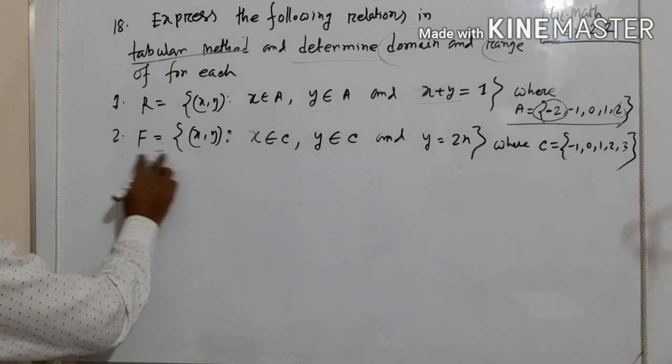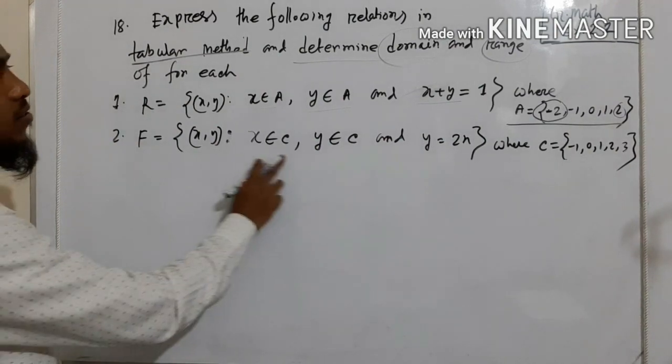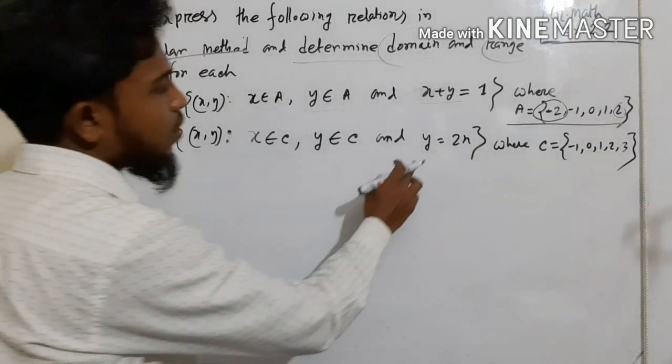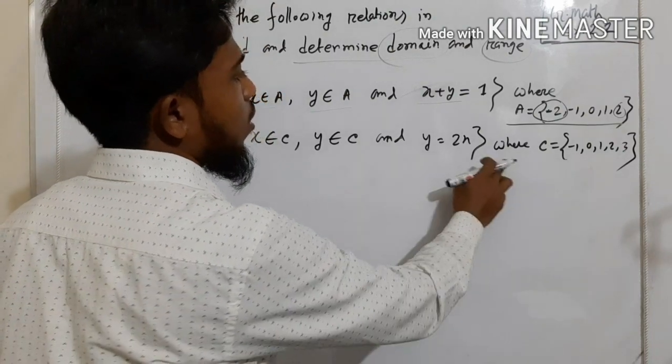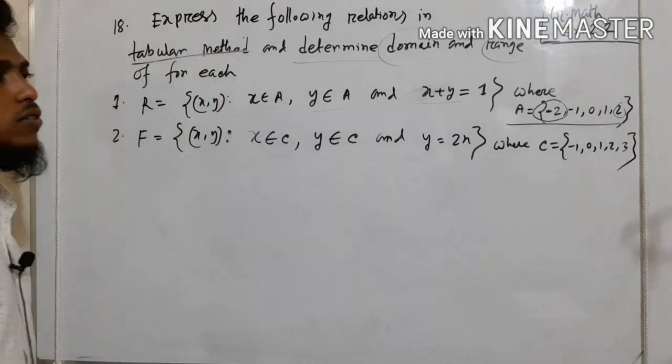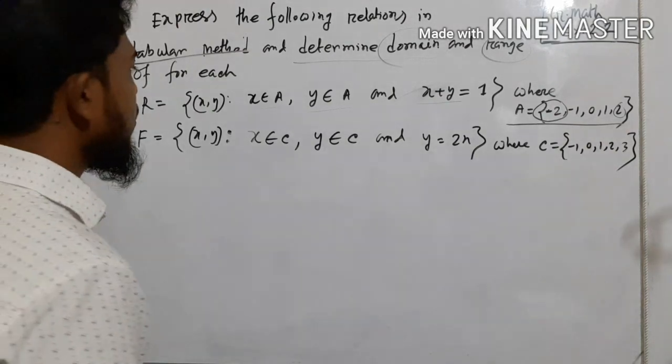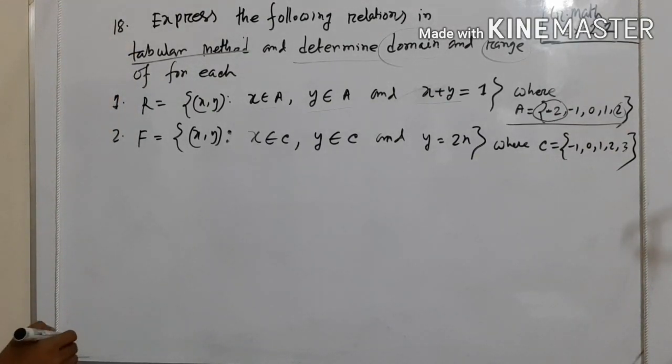Our second problem, f equal to x y such that x is in C, y is in C, and our condition y equal to 2x, where C equal to minus 1, 0, 1, 2 and 3. According to the previous process, I will solve this problem.